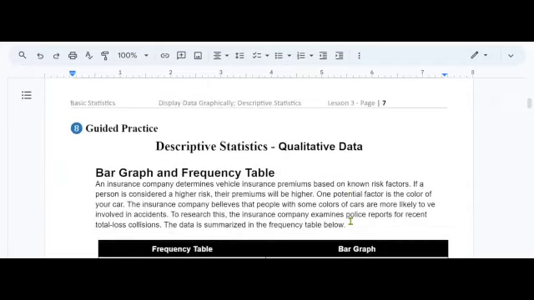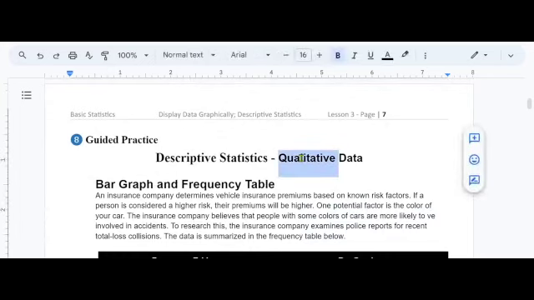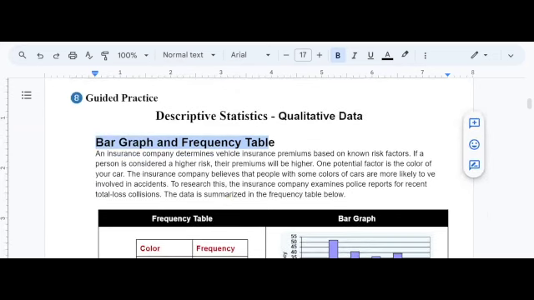Let's take a look at the first one, qualitative categorical. We use something called bar graph and frequency table. An insurance company determines vehicle insurance premium based on risk factors.